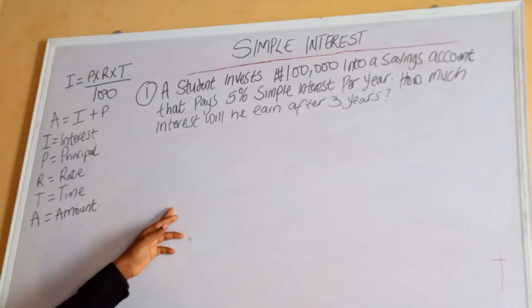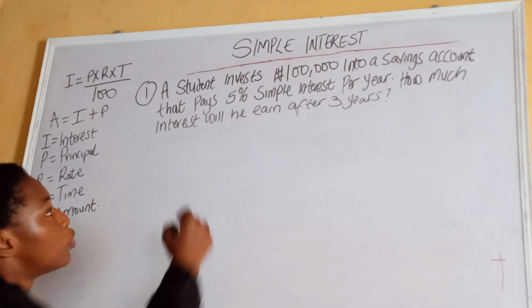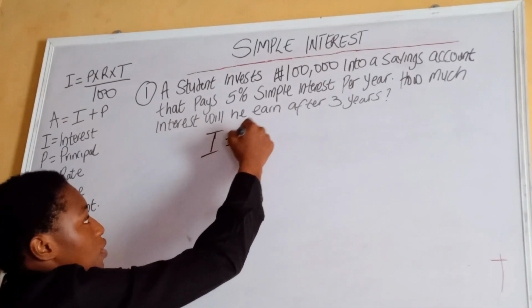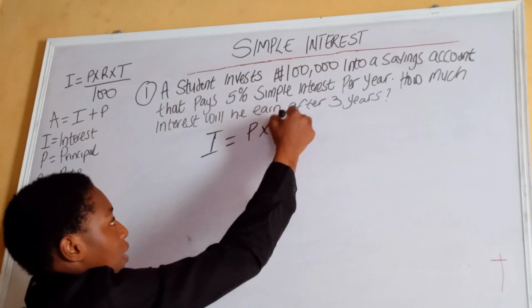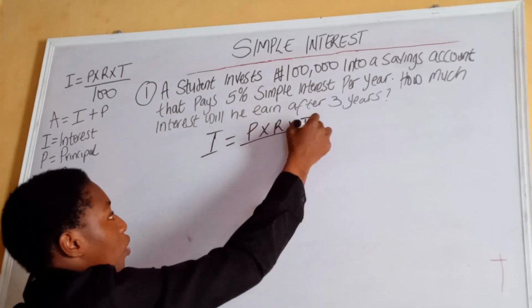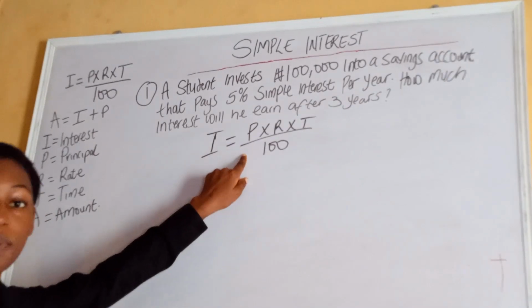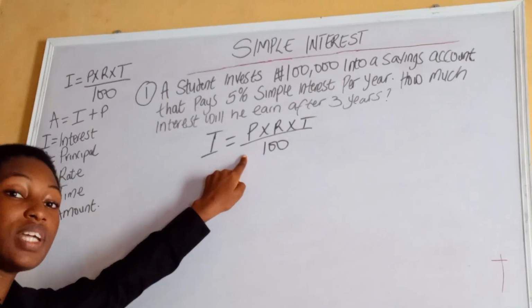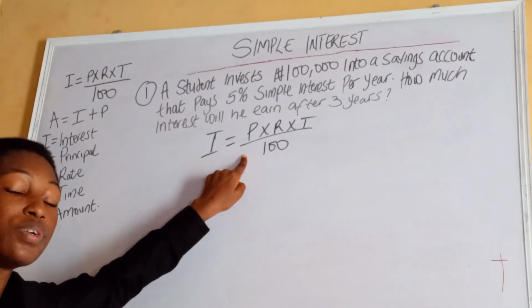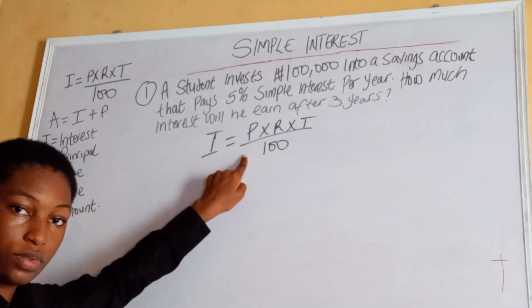Now simple interest has the formula I is equal to P times R times T all over 100, where P is your principal. Principal is the original amount of money owned or the original amount of money borrowed.